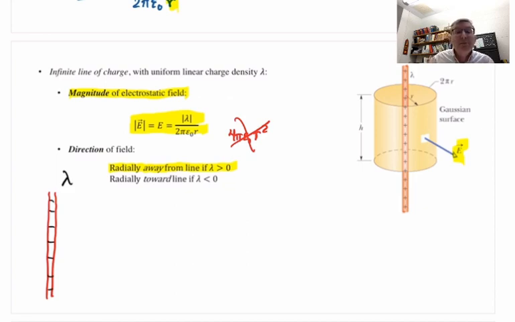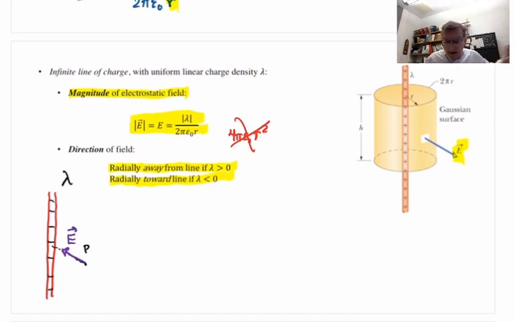Then you could still use the magnitude formula to get the magnitude of the field, but what would be the direction of the field out here at a point P? Well, the direction would be radially toward the line if the lambda is negative. So the arrow would point that way, radially, directly towards the line if it's negative.